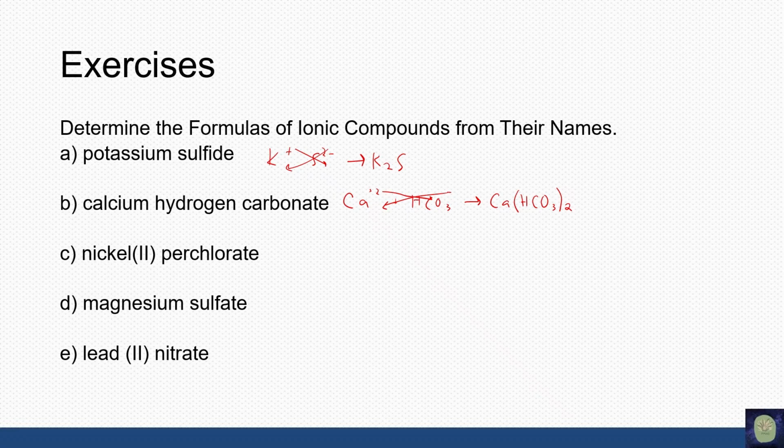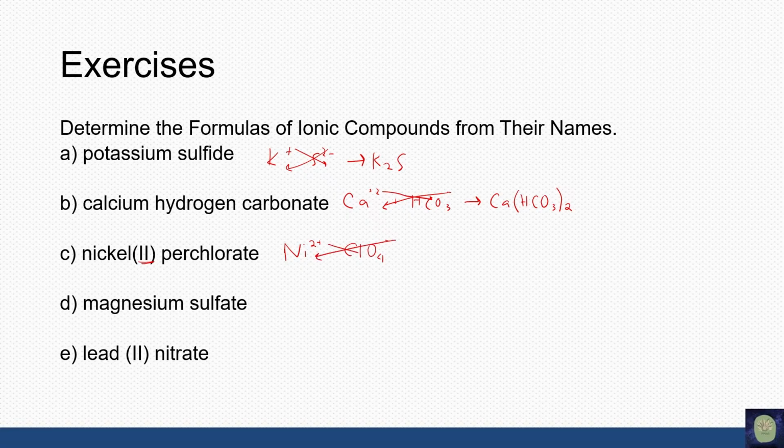Next, we have nickel(II) perchlorate. So from that, we have the nickel. Earlier, we used this to name, but now we can also use this to determine the charge, which means nickel here has a positive 2 charge. Then perchlorate, remember our perchlorate is ClO4 negative, or negative 1, right?